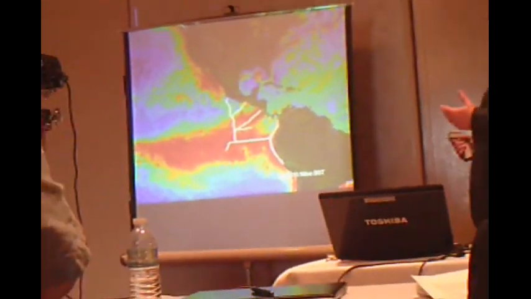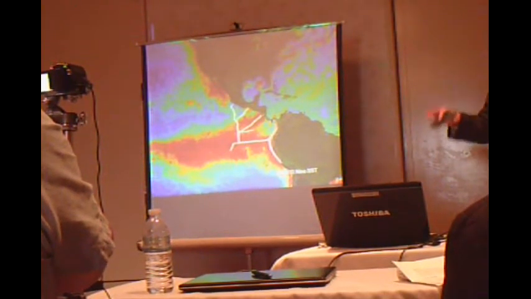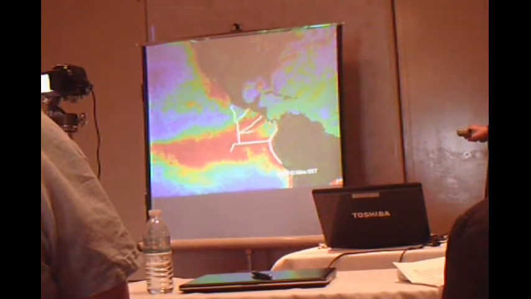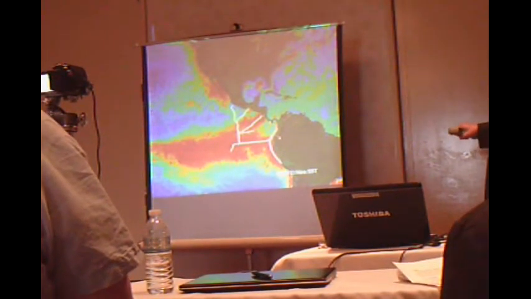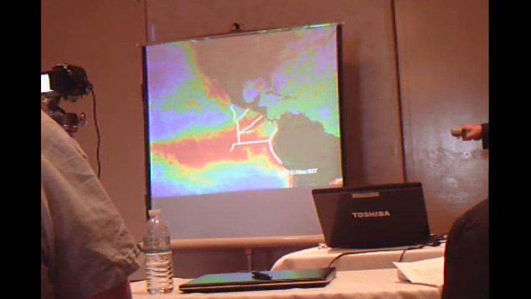This is the full-blown El Niño, and they define El Niños with the pressure oscillation, but they also define it with this temperature anomaly in the eastern Pacific. And this is huge. This is about the size of Europe. It's about an 8-degree anomaly, so it's a lot of energy.